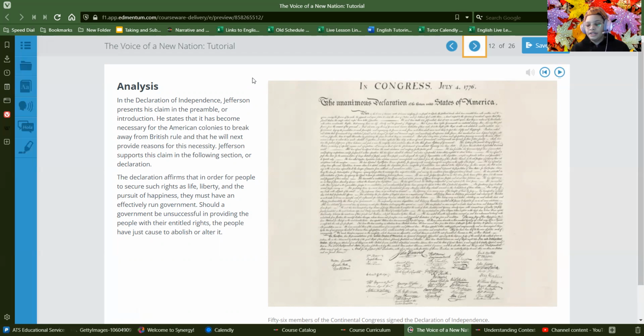So just historically, we all know that the Declaration of Independence confirms that people should have the right to pursue life, liberty, and happiness, and that there should be an effectively run government. So basically, they're saying that if the government is unsuccessful in providing people with those rights, the people could abolish it or vote to have another type of government afterwards.